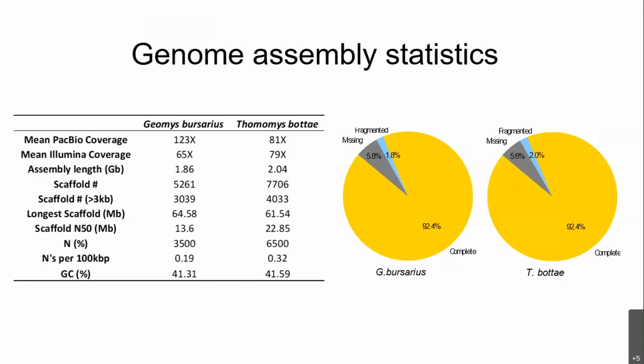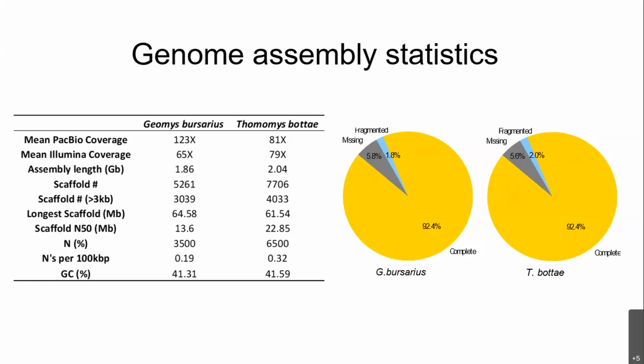So let's just hop into the genome assembly statistics first. As you can see, both genomes were assembled to pretty good completeness, 92% for both of them. Geomys had a greater PacBio coverage, but Thomomys had a greater Illumina coverage. The assembly length: Geomys had a smaller genome than Thomomys, but they are basically on par with each other.